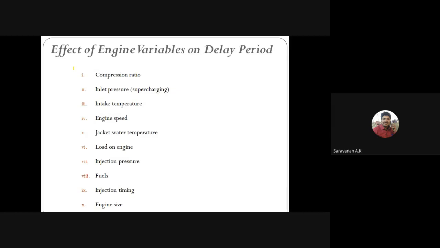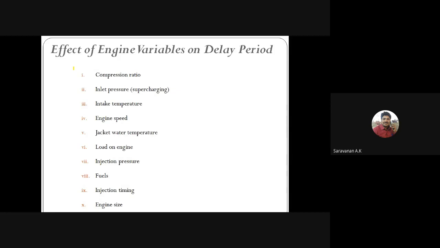Then the engine speed. Increased engine speed will increase the delay period in terms of crank rotation, degrees of crank rotation. Then the jacket water temperature: increased jacket water temperature increases the air temperature, and it will reduce the delay period.